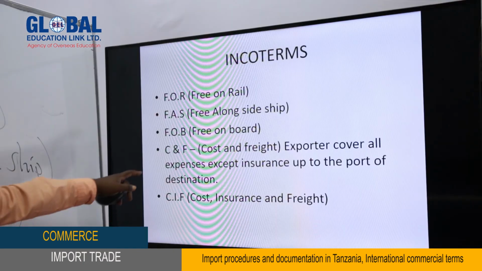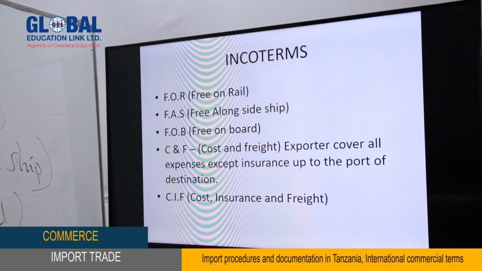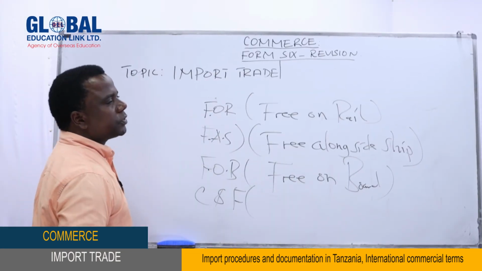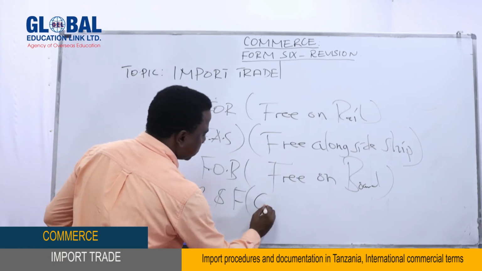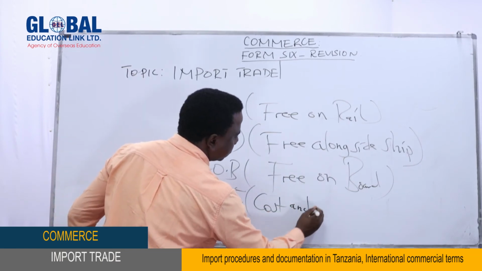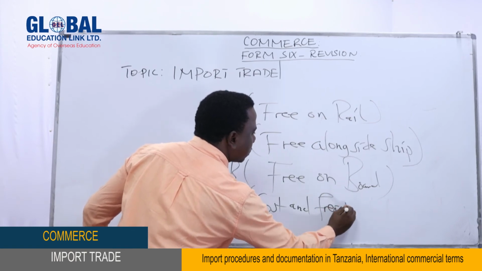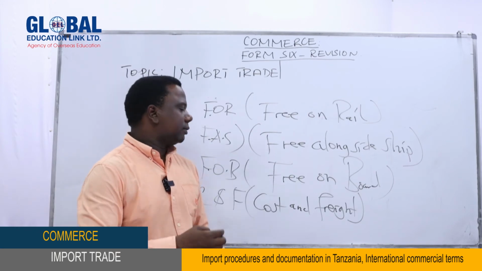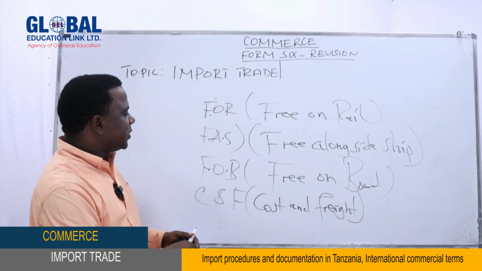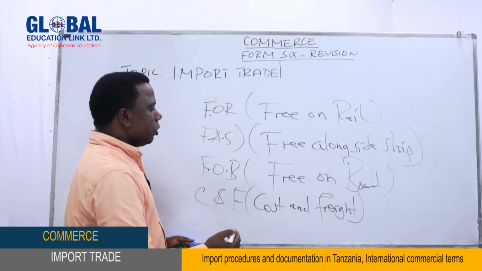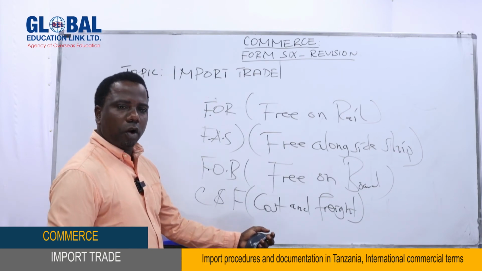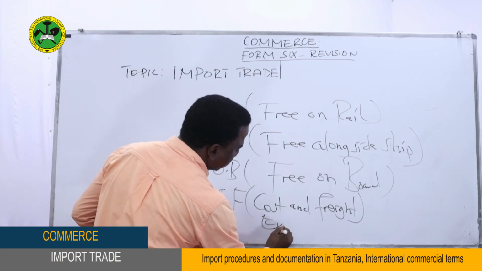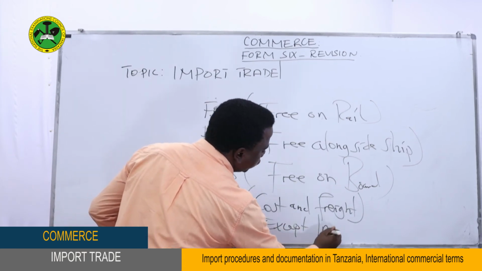When you come to C&F, this one means cost and freight. It means the exporter has to cover all expenses, including carriage charges, loading charges, and other charges except insurance.